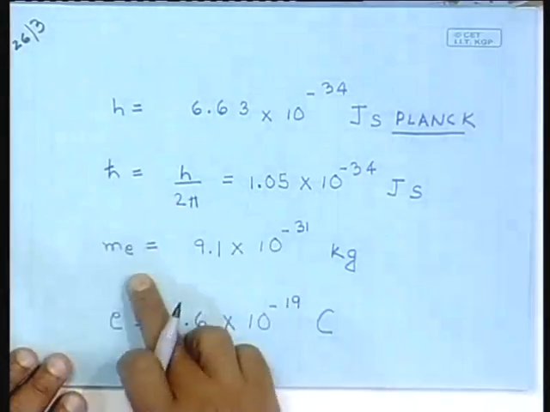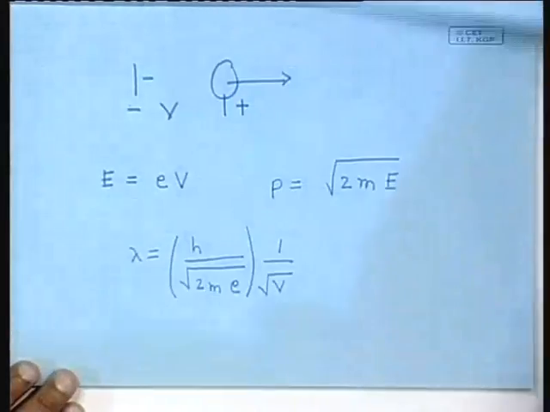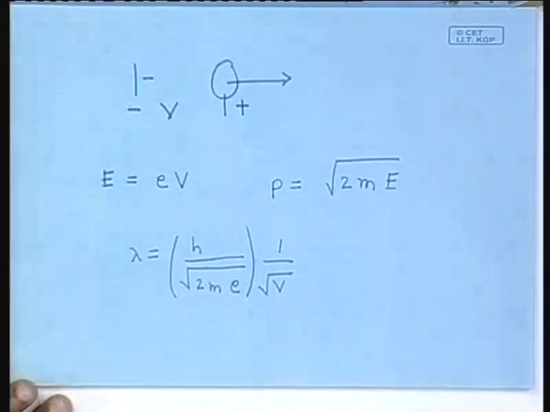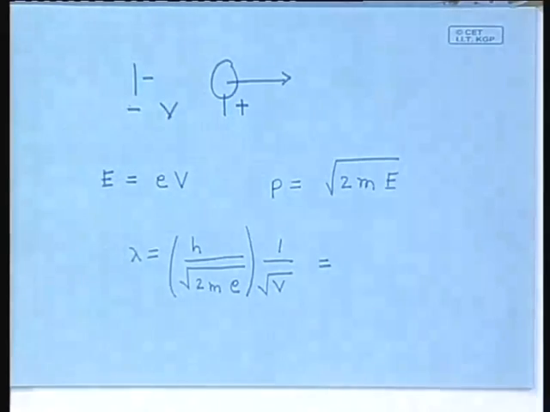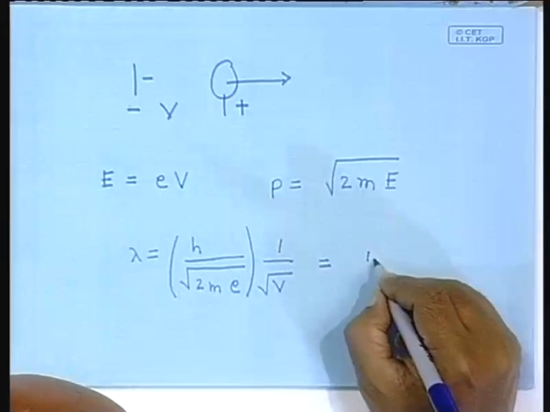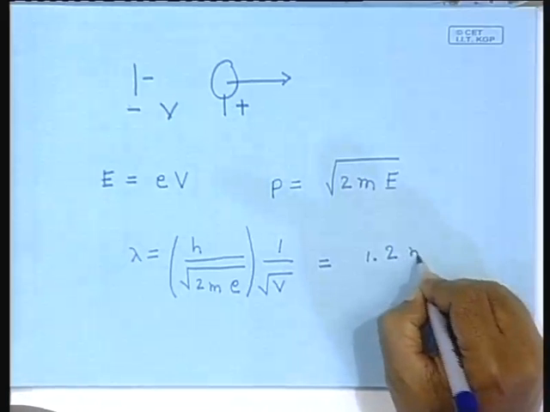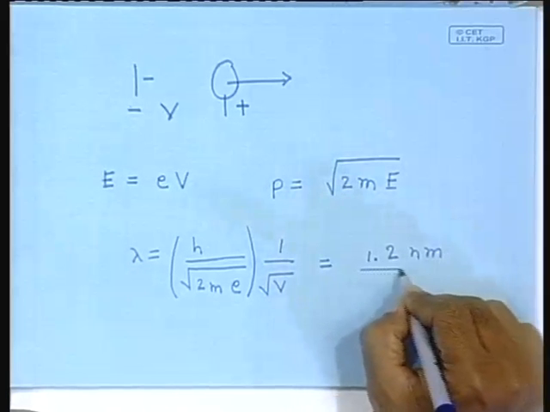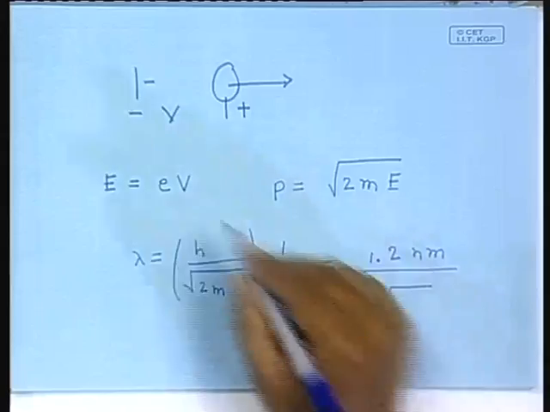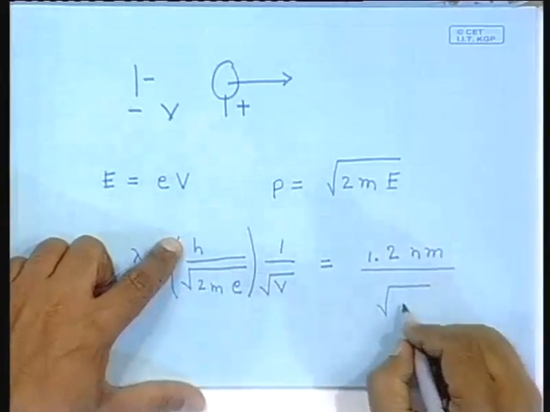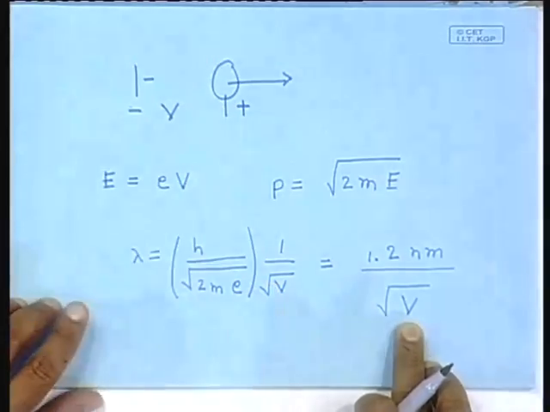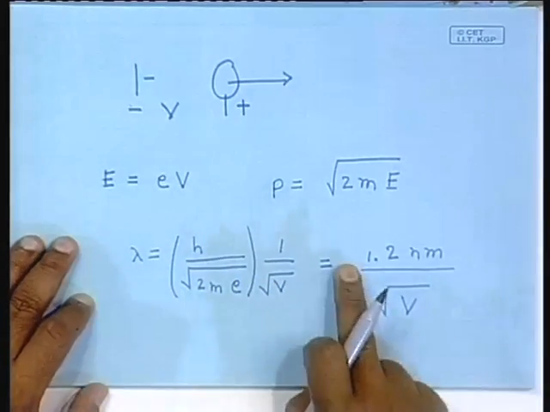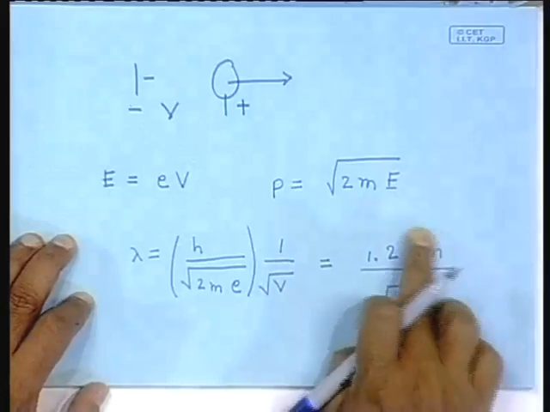So, if you use these values in this expression, what you will get is that this is equal to 1.2 nanometers divided by the square root of the potential difference. So, all that you have to do is put in these numbers in volts, and if it is a 1 volt potential difference, the wavelength of the electron that comes out is going to be 1.2 nanometers.